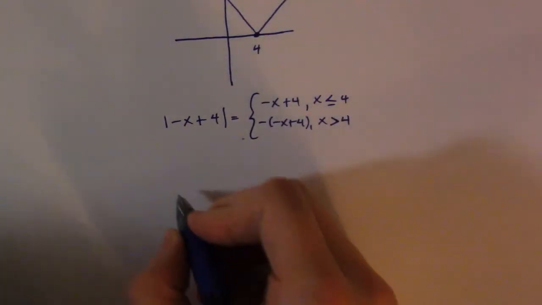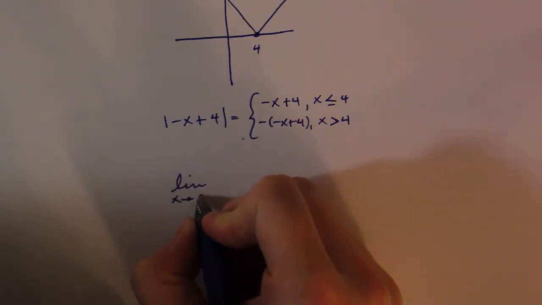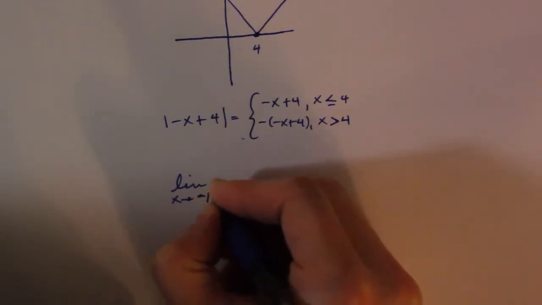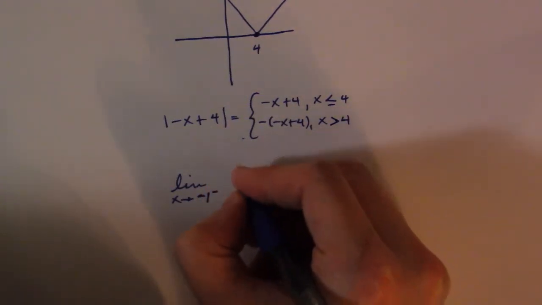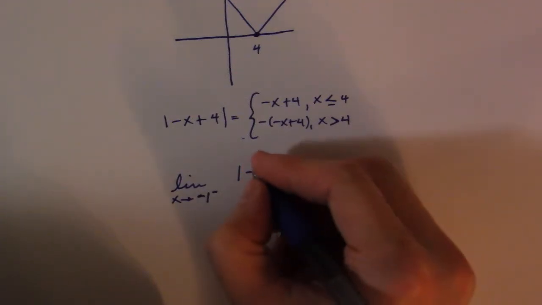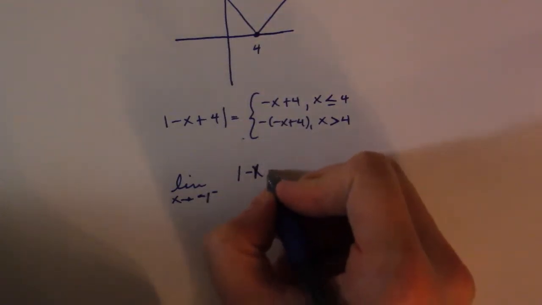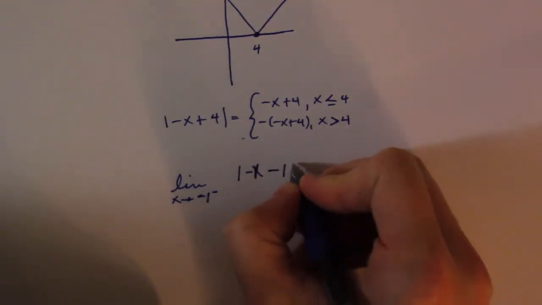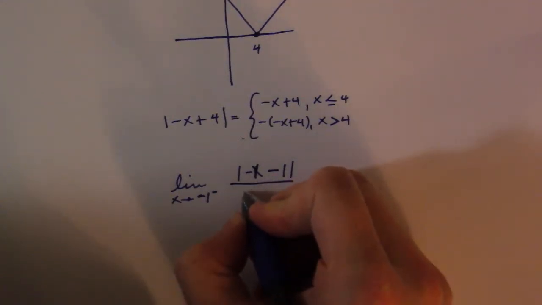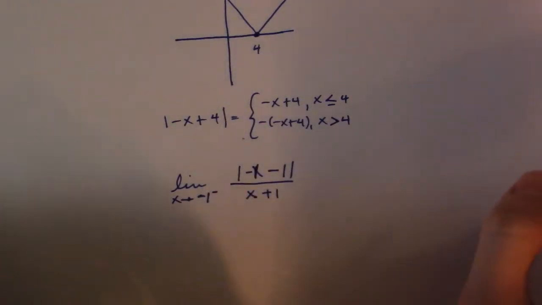So let me give you an example. If you have this, the limit as x approaches, let's not go 0, let's go to negative 1 from the left side of negative x minus 1 all over x plus 1.